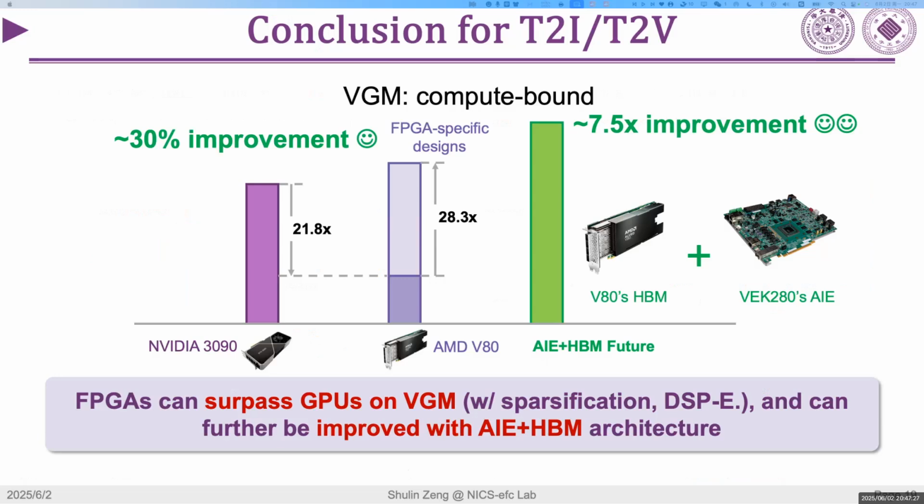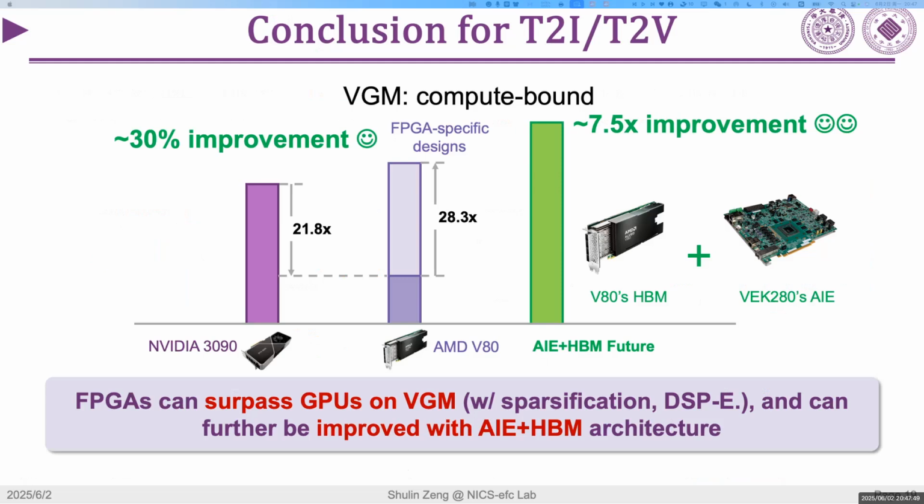And we have successfully outperformed GPUs in performance on the current FPGAs that are not equipped with AIE. So we can see that using our software and hardware co-design, even in a compute-bound application, FPGA can still get a better improvement over GPUs.